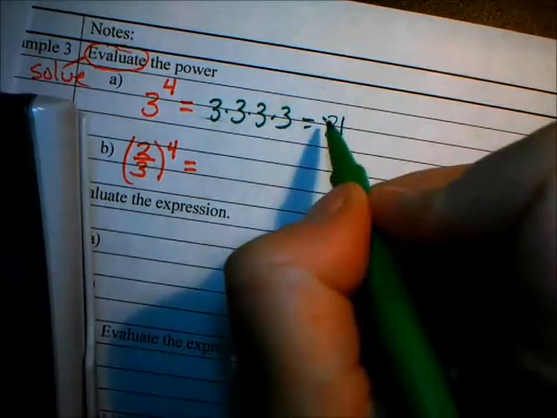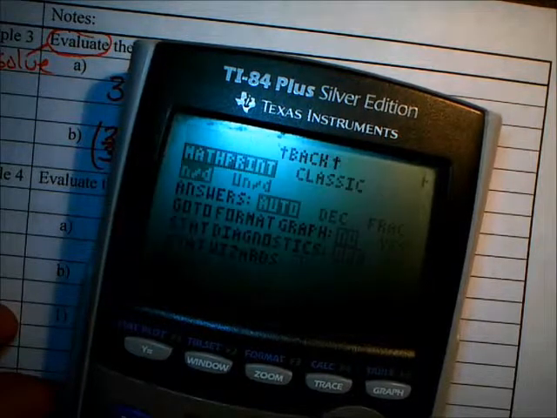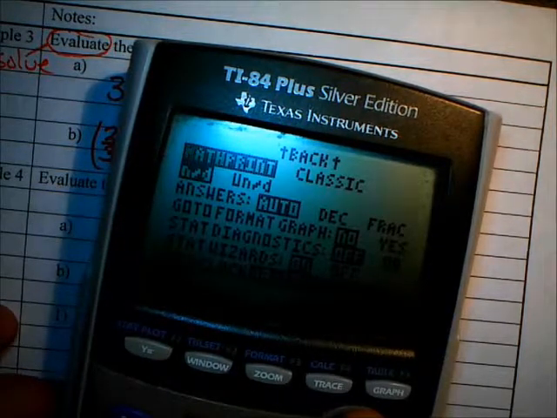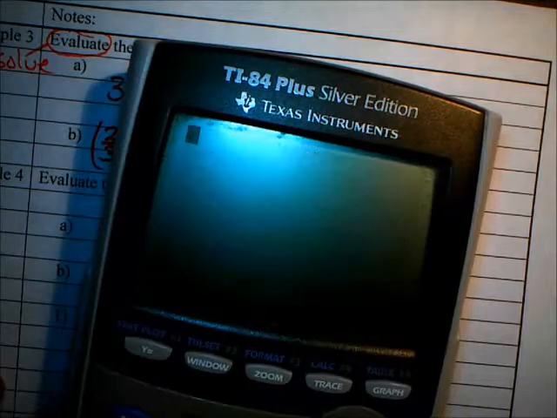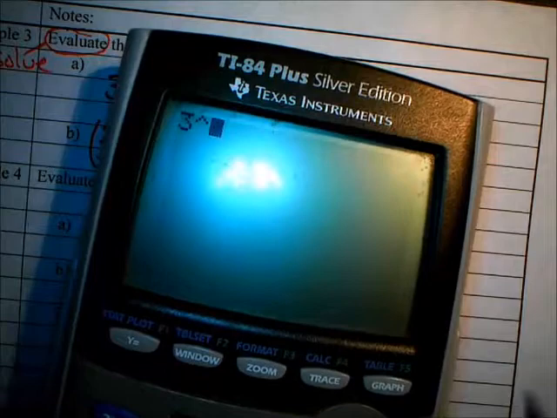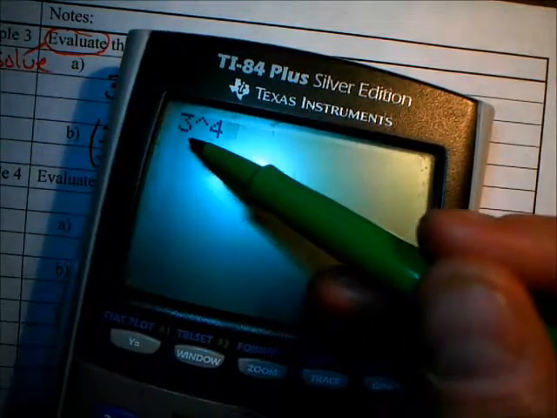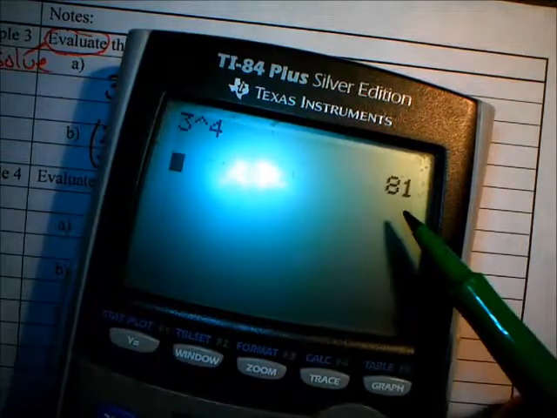If you're using a calculator that's different than what I have, when I do 3 with the little caret, I get this little symbol, the caret symbol, and I'll put a 4 beside it, so it looks like this. And I push enter, and it still comes out to be 81.